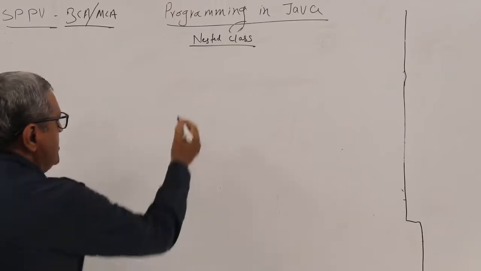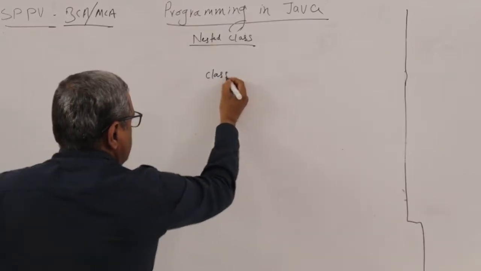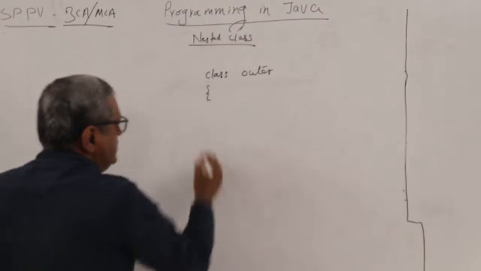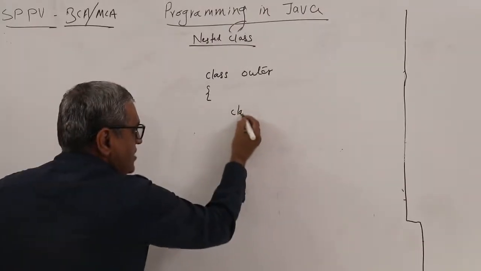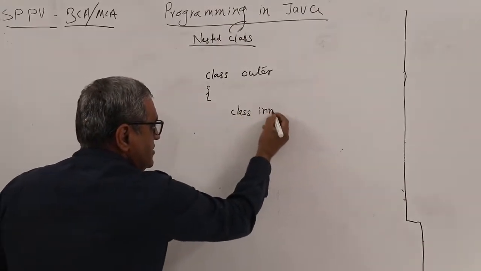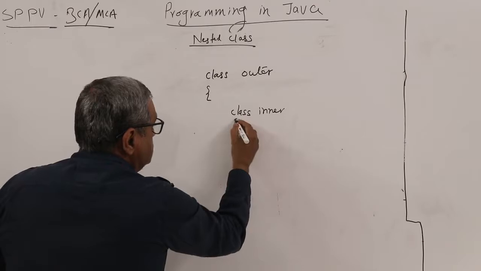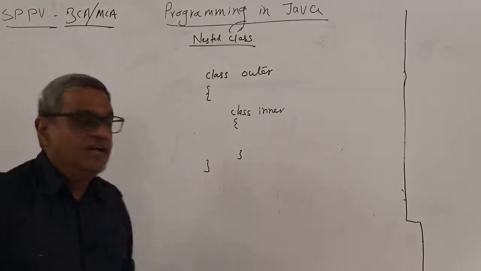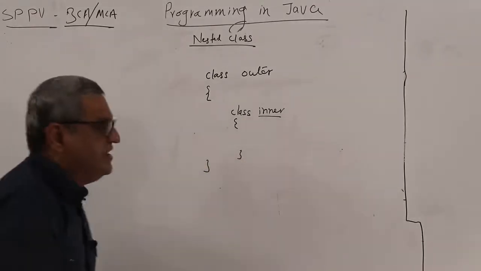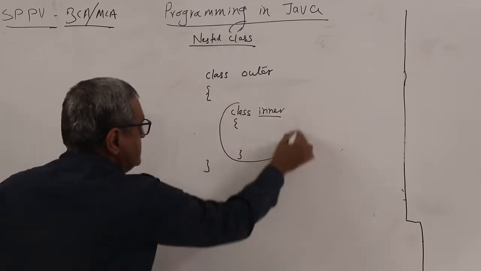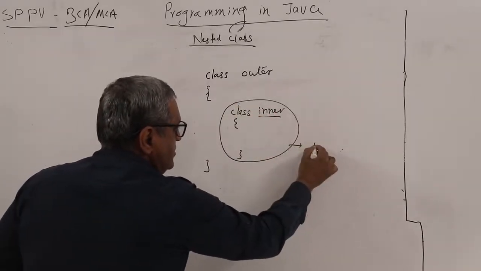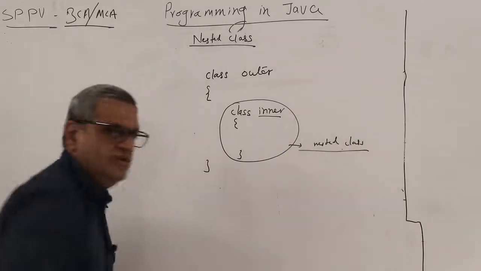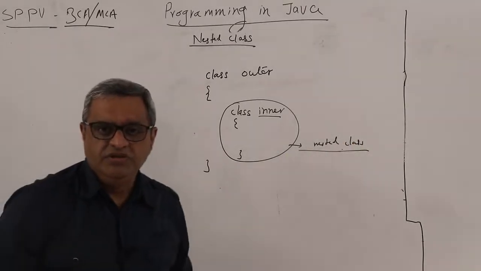Say for example, I have a class named outer, and I have another class declared inside the outer class, named inner. Then this class becomes a nested class. Very important.